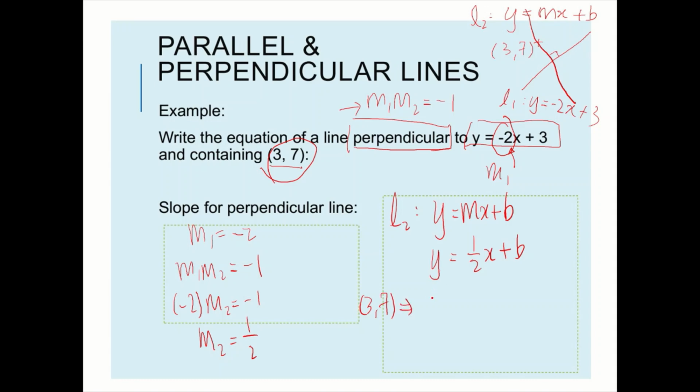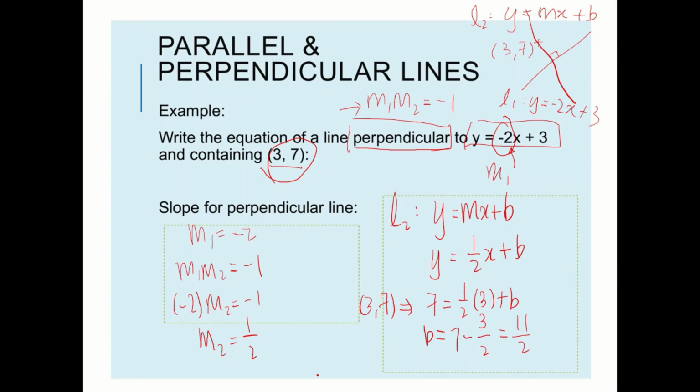Substitute into the equation, the y is 7, the x is 3. By rearranging, we have 7 minus 3 over 2, which is 14 minus 3, 11 over 2.